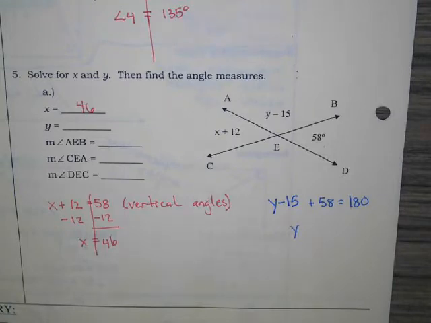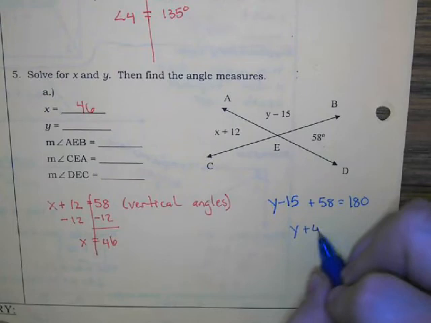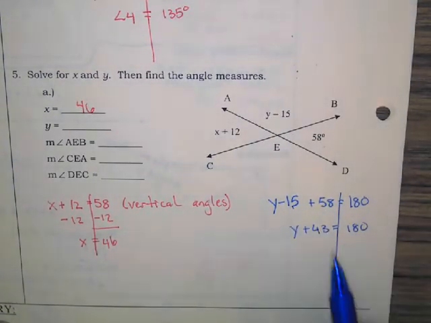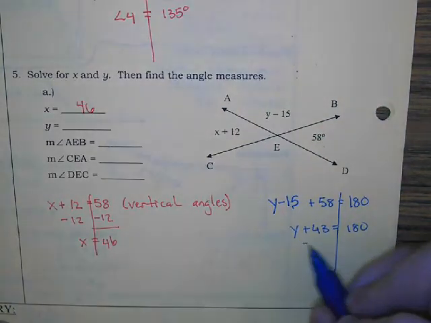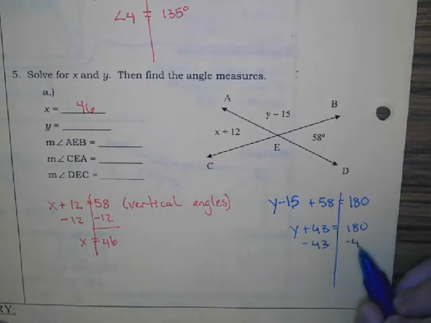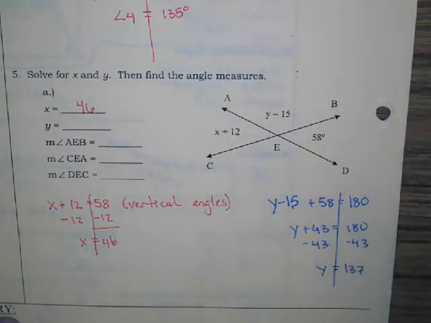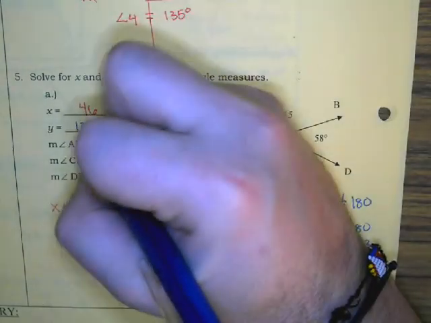So y plus 43 is equal to 180, just combining my like terms. Negative 15 and 58 is positive 43. Now to remove my positive constant, I subtract 43, and we get y is equal to 137. So now I have 137.